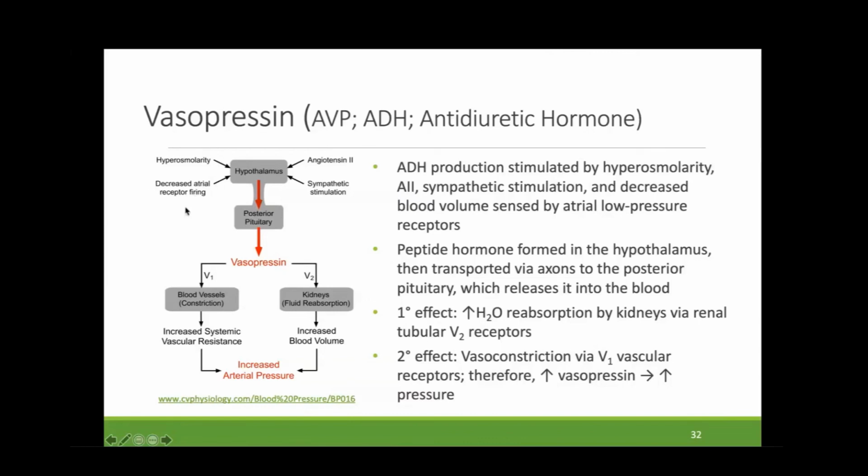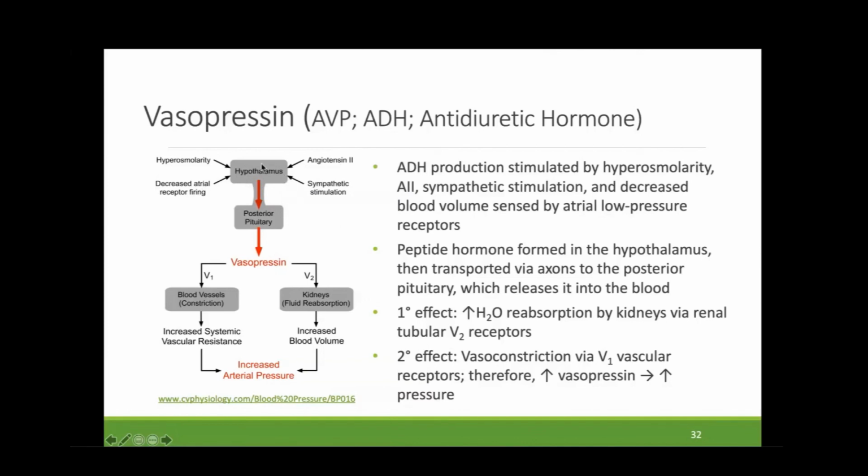But if you have, let's say, a hemorrhage condition where these receptors will show decreased firing, you remove that inhibition on the hypothalamus, and so you have increased production of vasopressin. Angiotensin II stimulates it, acting directly on the hypothalamus through AT1 receptors, and so does sympathetic stimulation.